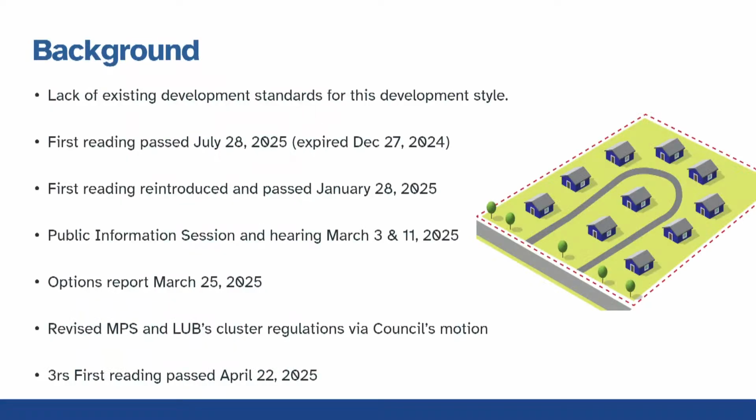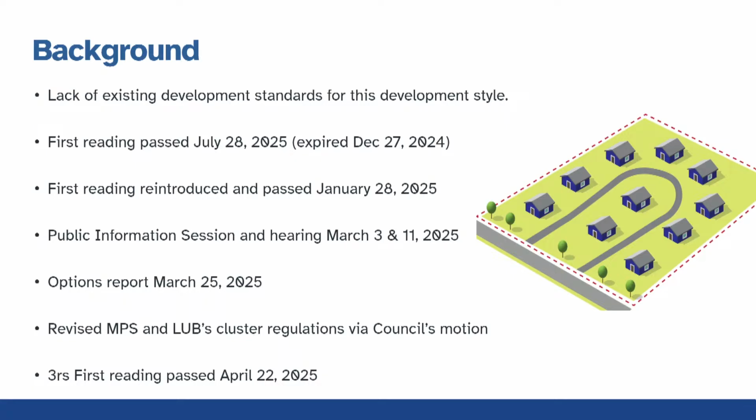Some background information: the reason for starting the regulations was a lack of existing regulations regarding that type of development. The first reading passed on July 28th of 2025, but it expired in December after a 150-day period, because Council did not conduct second reading.